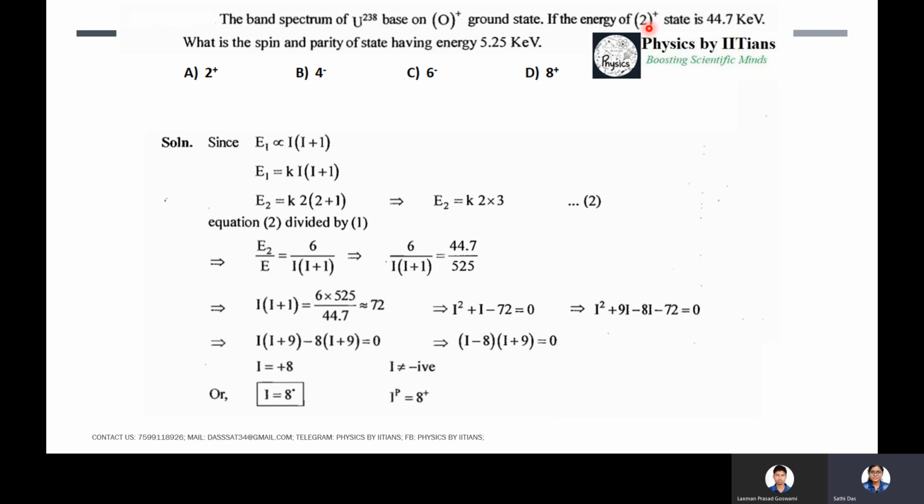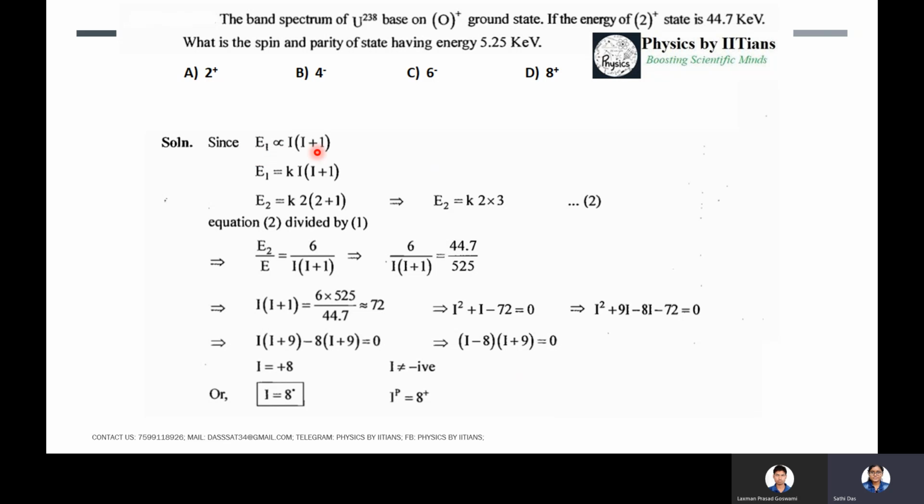If the energy of the 2 plus state is 44.7 keV, what is the spin and parity of the state having energy 525 keV? So the energy of the 2 plus state has been given as 44.7 keV. You have been asked what is the spin and parity of the state having energy 525 keV. Is it 2 plus? 4 minus? 6 minus? 8 plus?